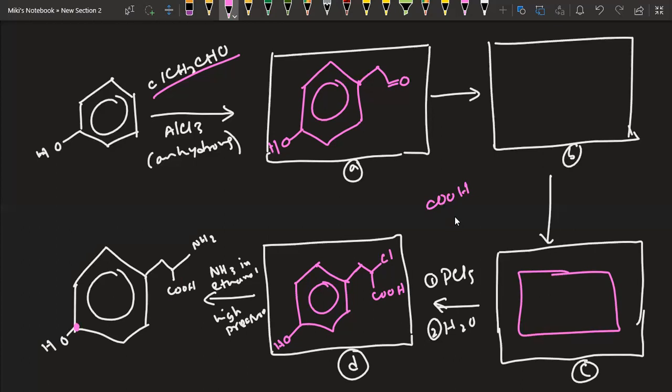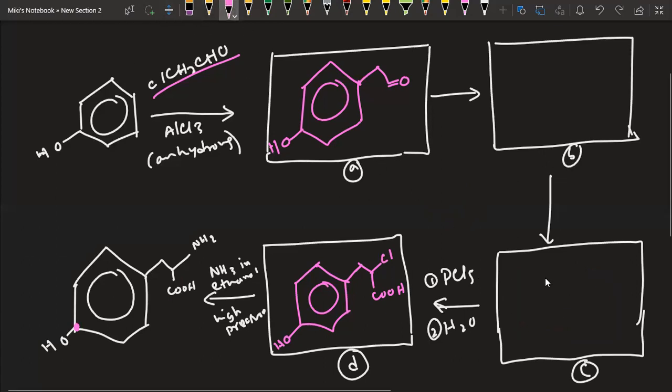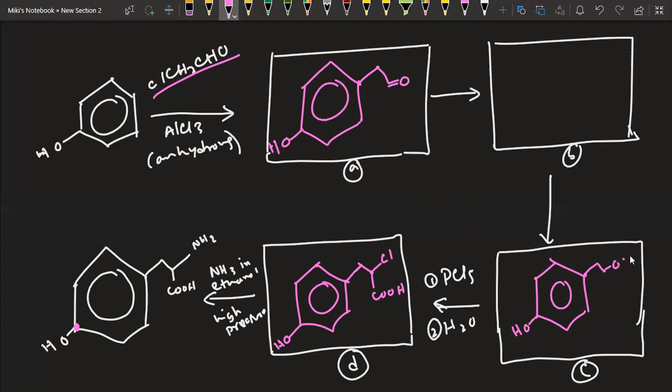Another is alcohol. So the other possibility is the presence of this alcohol. Let's say for simplicity we have an alcohol here, and we have COOH here. Then adding PCl5 would displace this OH with Cl.